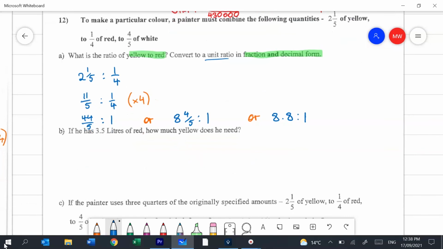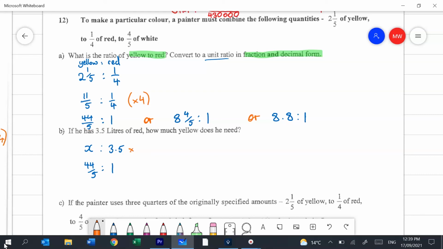Okay, if you had 3.5 litres of red, how much yellow does he need? So we did yellow to red. We probably should have written that in. So he's got 3.5 litres of red, how much yellow does he need? Remember that we've created a ratio of 44/5 to 1. So what we need to do is basically multiply 3.5.